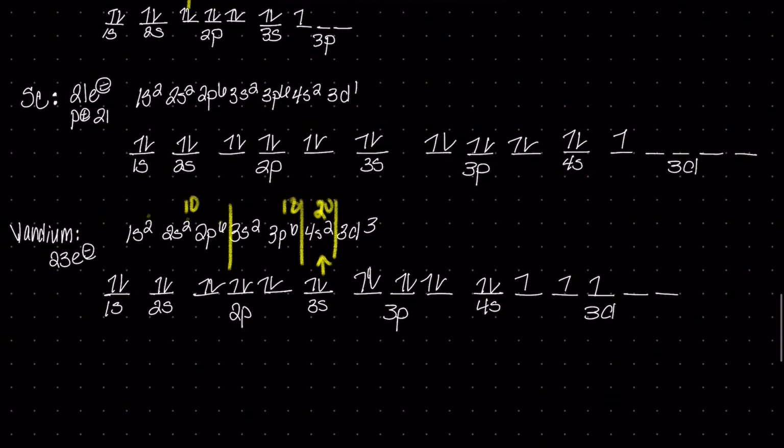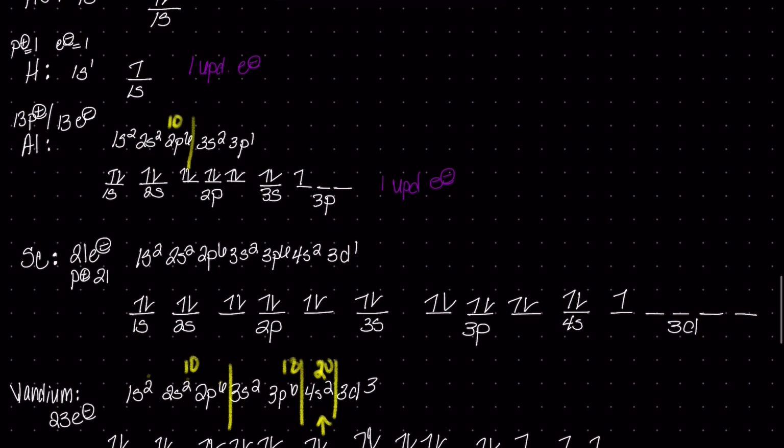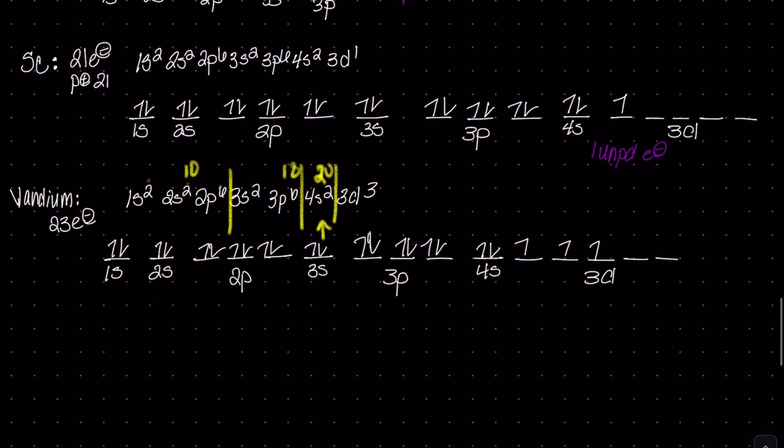Let me go ahead and write that in there because it's going to come in handy for you to see later. I have 1 unpaired electron here, 1 unpaired electron here, but here I have 3 unpaired electrons.